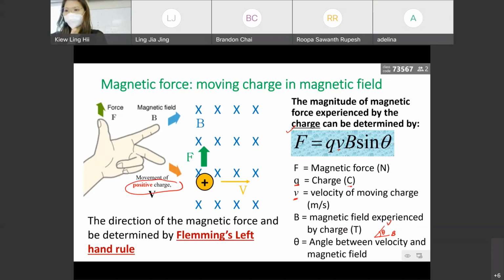So I will refer to the direction of the positive charge only. In this case, the magnetic field is into the screen, so the pointing finger points into the screen. Then the velocity of the positive charge is moving to the right. So where does the thumb show? The force is going up. Okay, positive charge.